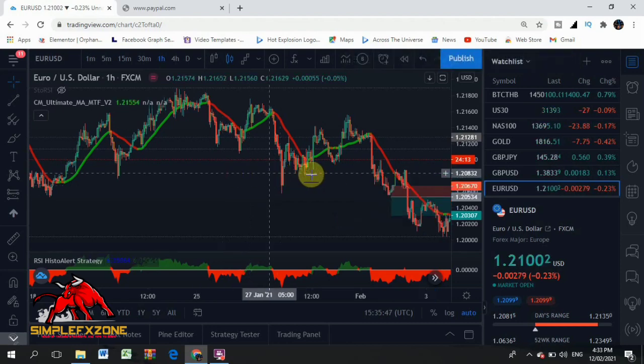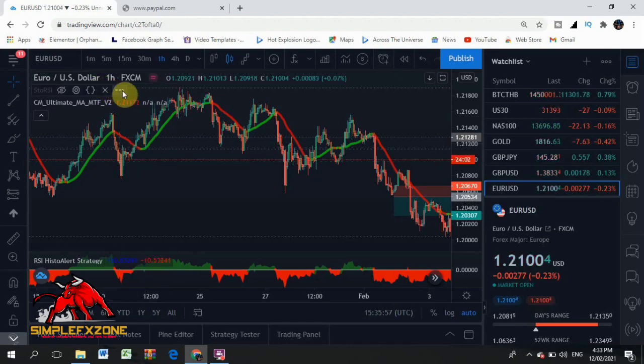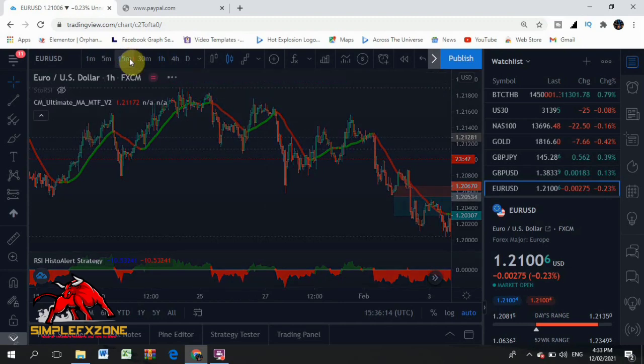So there are a lot of examples where you can see the strategy really works. This is a buy trade here. This is another good trade here, about 1 to ratio 2. And then this is another good trade here. This is another good trade here. Here down. So let's go to a lesser time frame and see.